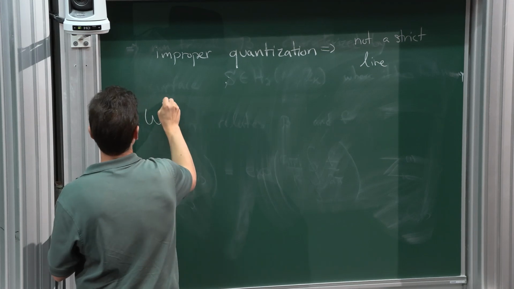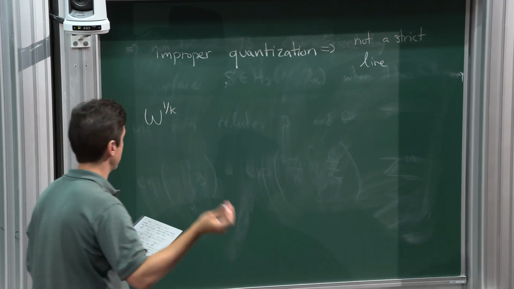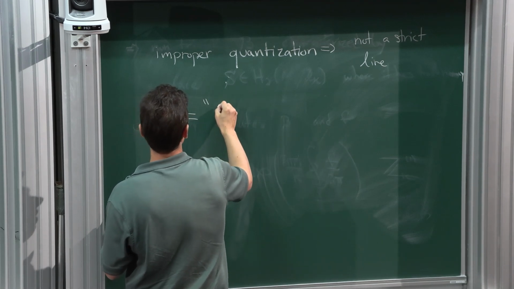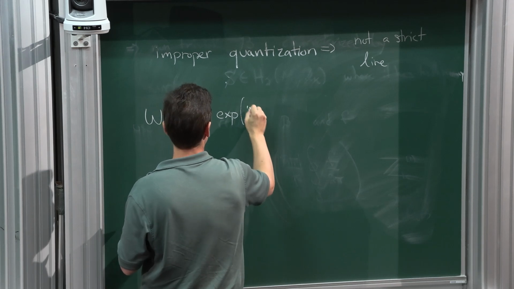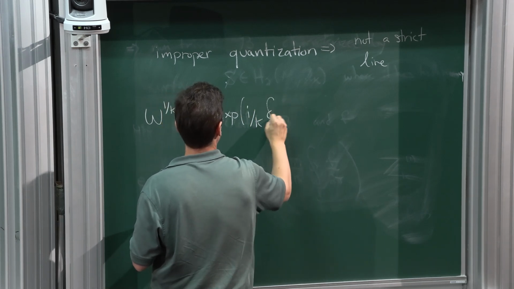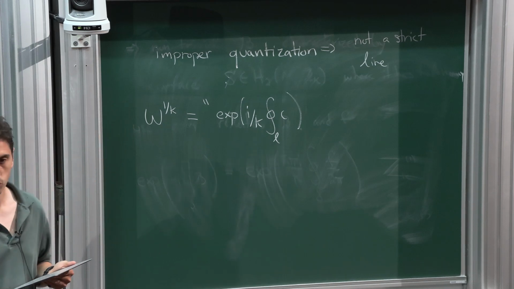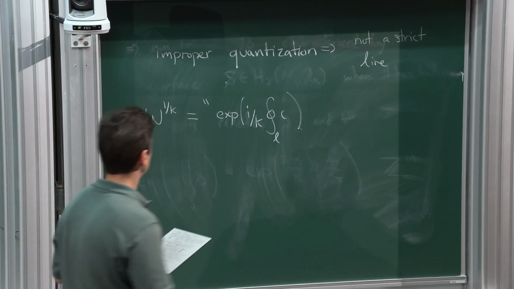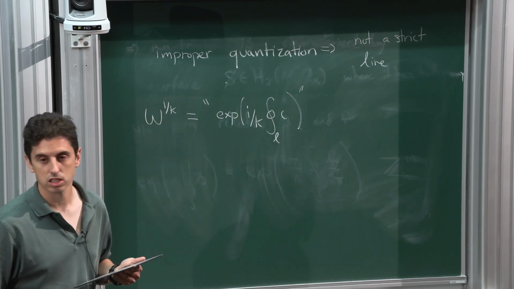Well, W to the 1 over k, this kind of fractional charge, you would like it to be the Wilson line of C with a charge 1 over k. You would like this. Now that doesn't make sense, as it doesn't depend just on the line.